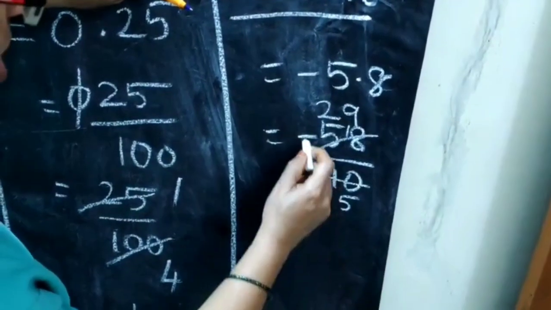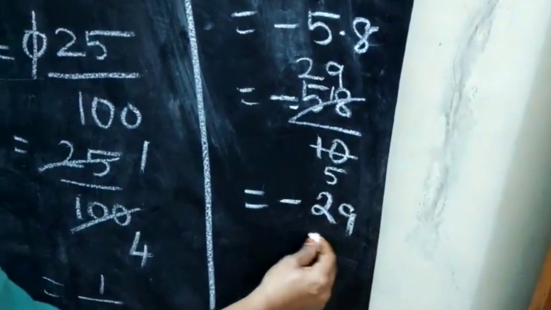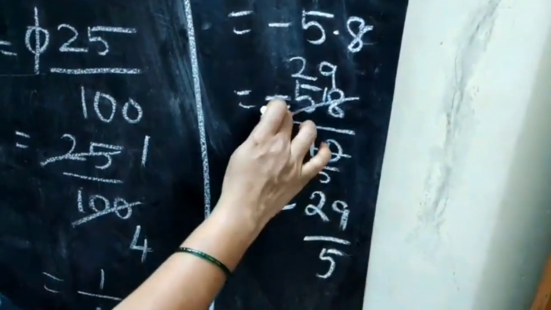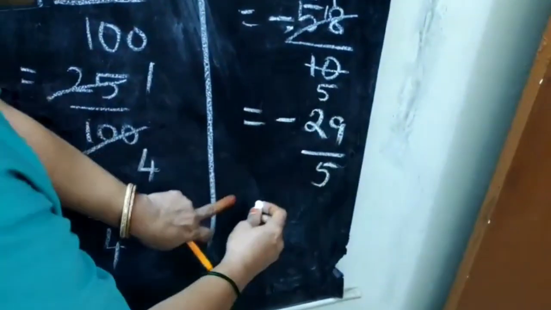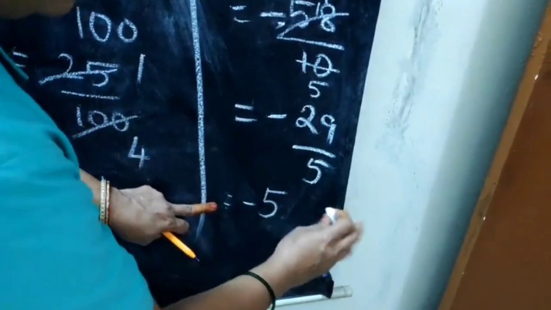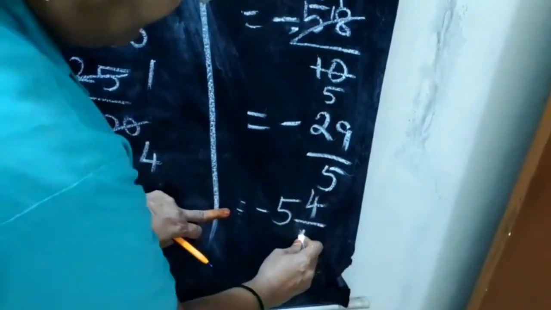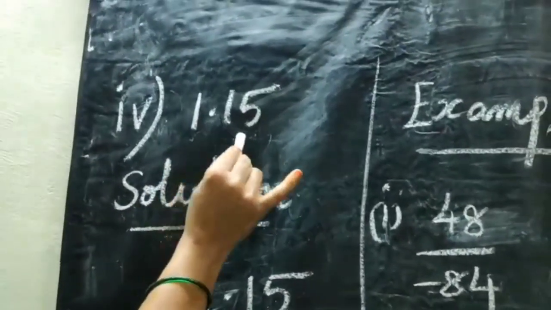So the answer is minus 29 by 5. This improper fraction changes into a mixed fraction. How many times is it possible? 5 5s are 25. Remaining 4 divided by 5. 5 4 by 5.